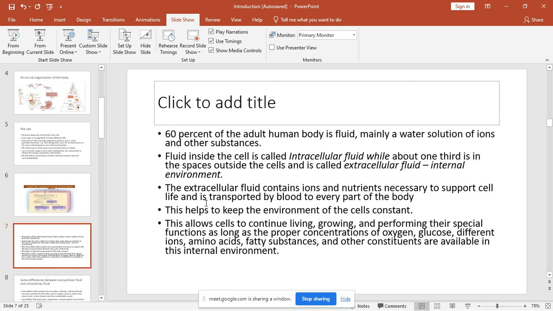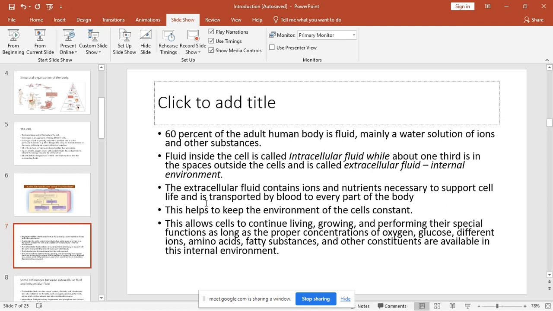It is the extracellular fluid which makes up the internal environment. The extracellular fluid is basically the fluid that you're going to find outside the cell. So anything in between the cells, what you would refer to as the interstitium, is extracellular fluid. And the fluid part of blood, which is the plasma, is also extracellular fluid.